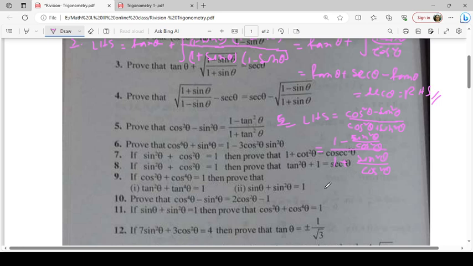So it is 1 minus tan square theta over 1 plus tan square theta, and this is the right hand side.